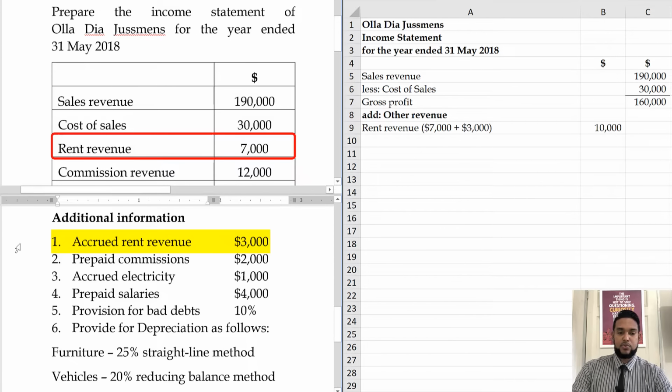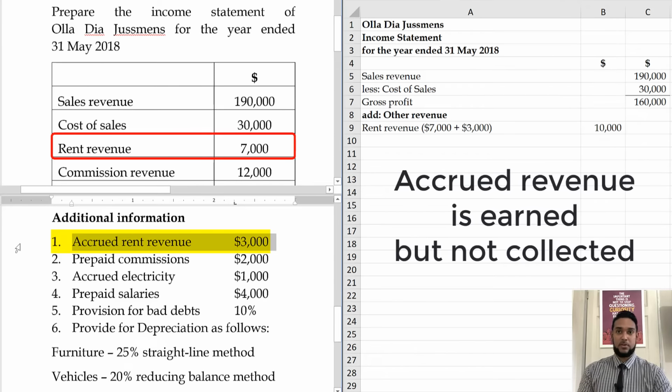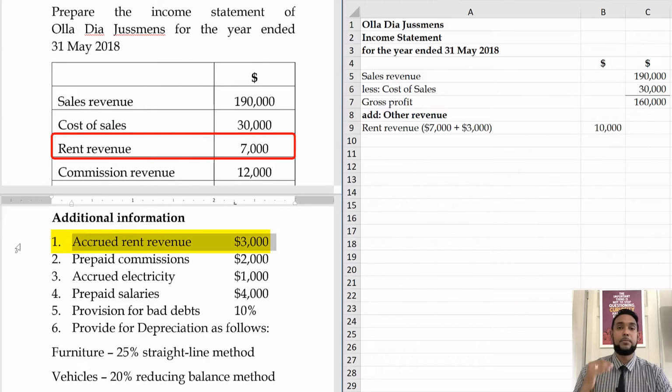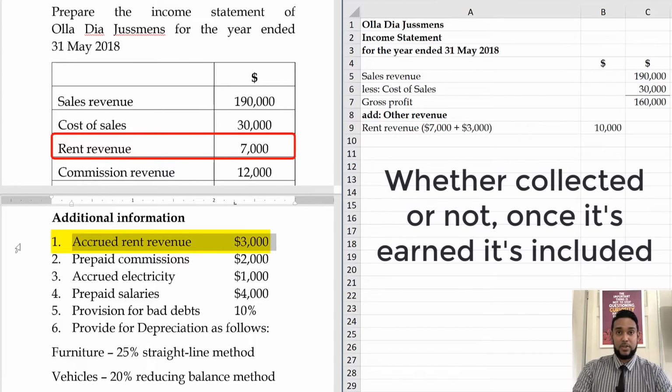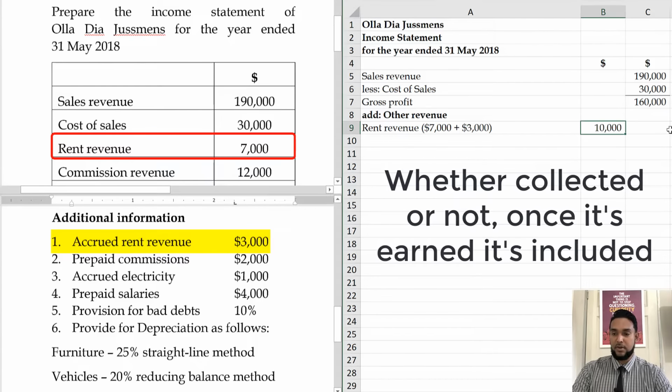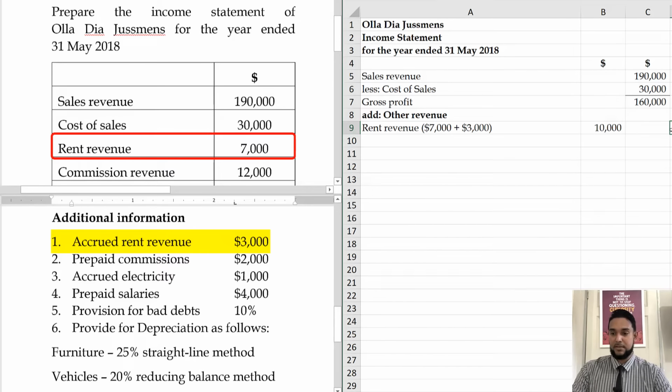And down here, it says rent revenue accrued, which means earned but not received or not collected. Regardless of whether you've received the money or not, the point is that you've earned it. And once you've earned it, regardless of if you receive some, none, or all, the total amount earned goes in the income statement. So that's why we add accrued portions of revenues, or expenses for that matter.